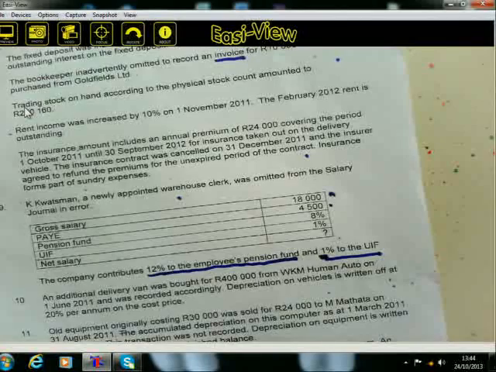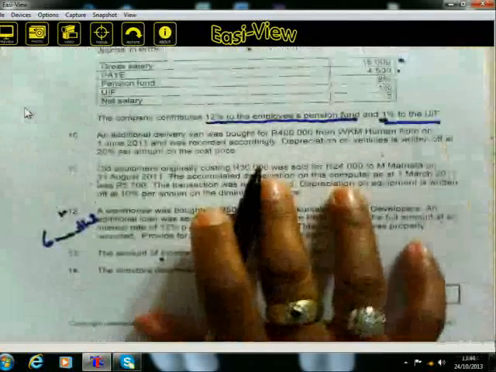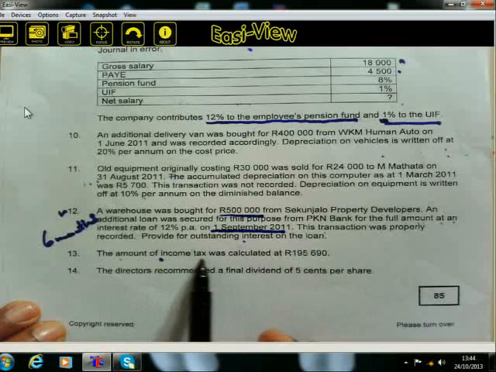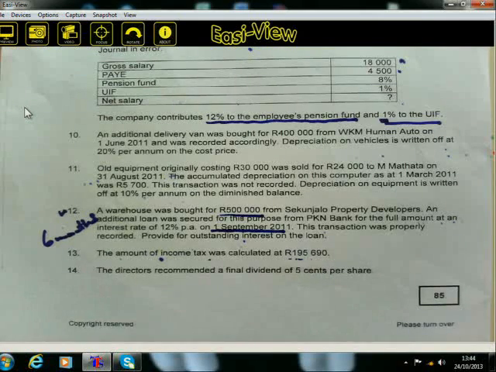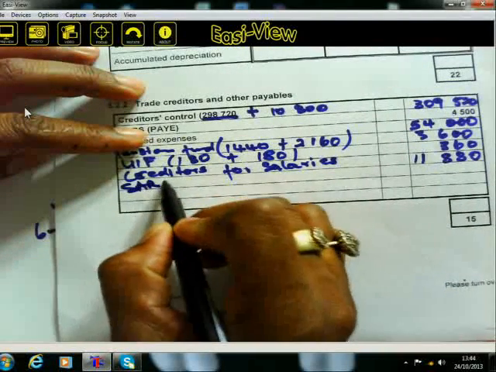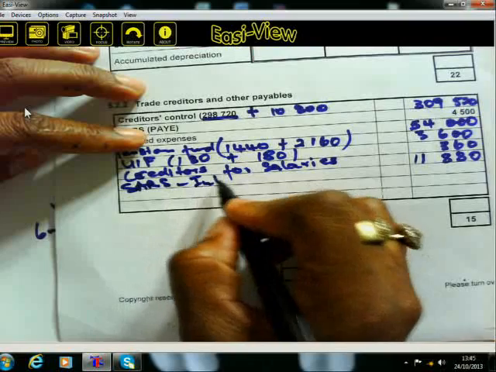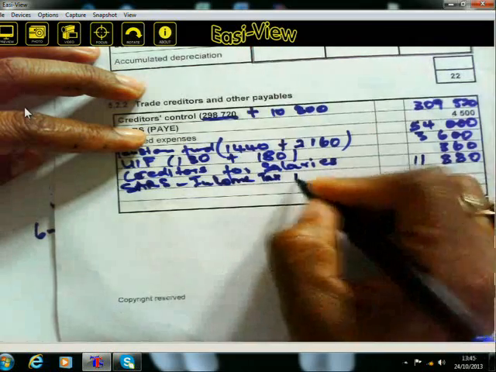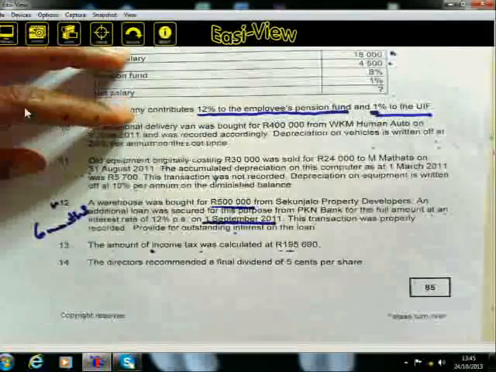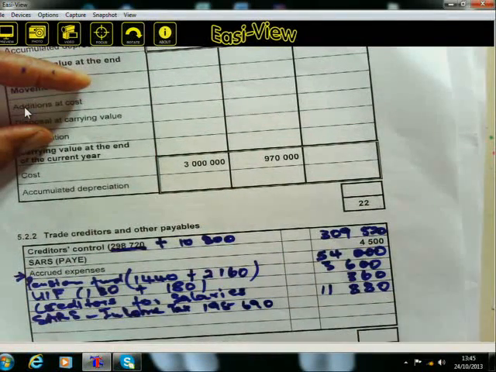Now coming to SARS income tax. If I go to question number 13, the amount of income tax was calculated at 195,690 at the end of the financial period, which means we'll have to pay SARS that amount. So we'll say SARS income tax is 195,690.